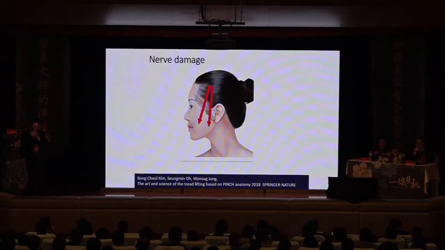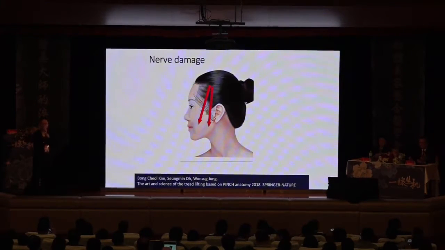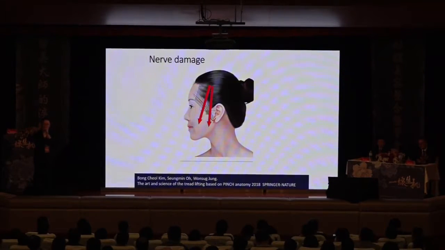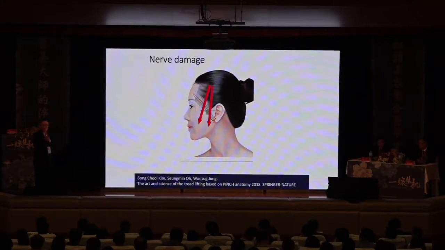Nerve damage. The facial or frontal branch passes over the zygomatic arch mid-third, just under the SMAS. So when we pinch and make space at this zygomatic arch area, it allows smooth passing. But if we press and use needles and pass over the zygomatic arch mid-third while scraping the bone, it makes damage.